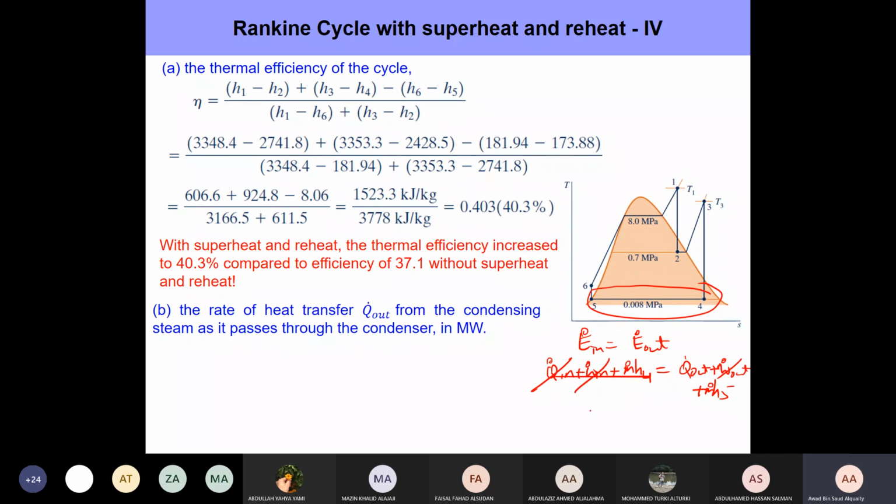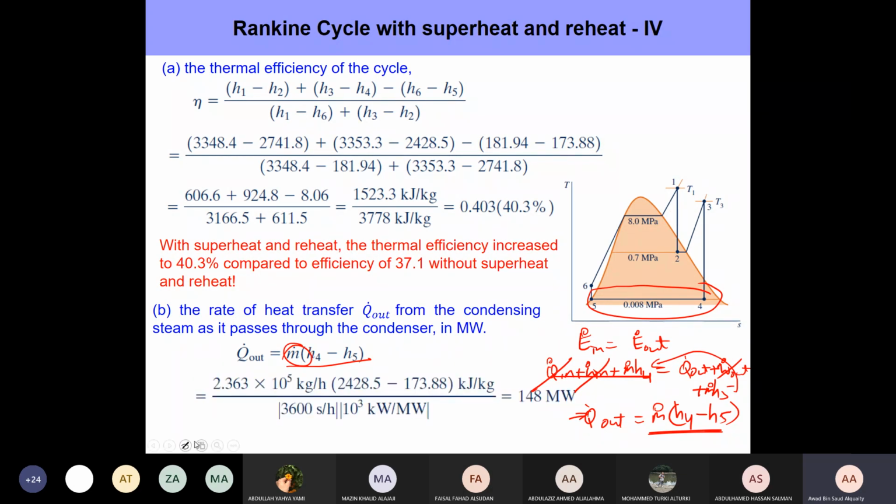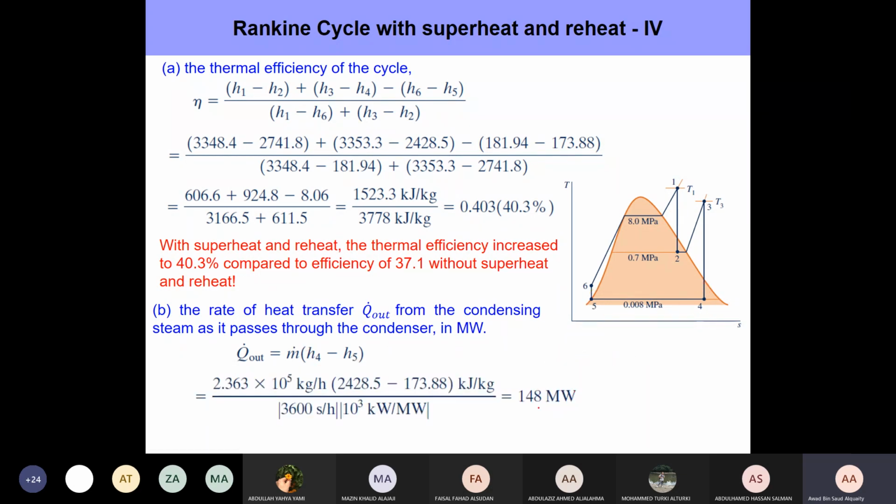So here you just have m dot h4 is equal to Q dot out plus m dot h5, or Q dot out is equal to m dot times h4 minus h5. We have the mass flow rate already given in the question. H4 and H5 are what we calculated already. So you plug in the numbers, and this is what we get: 148 megawatt.